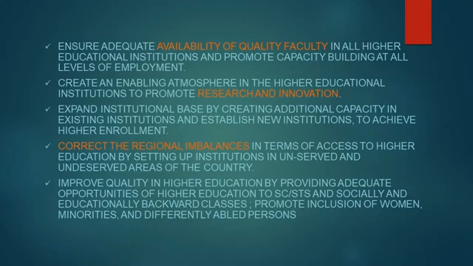To tackle this problem, this scheme comes with expanding institutional base. By expanding institutional base, we mean establishing more universities in that state and creating capacity in existing institutions. Suppose there are only 40 seats of capacity in a class, it will be expanded to 45, and the aim here is to achieve a higher enrollment rate.